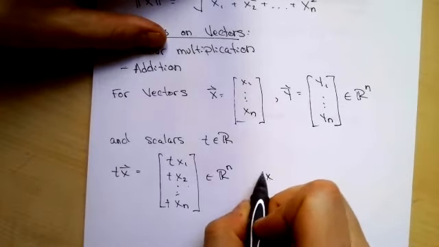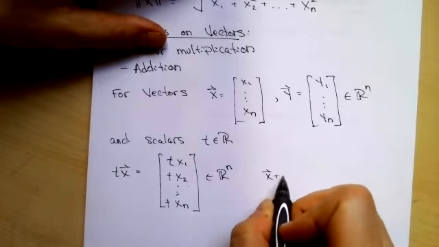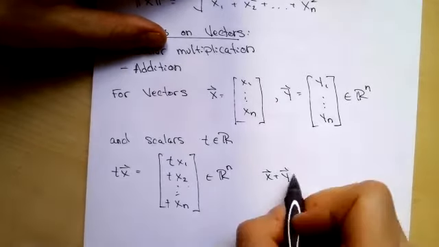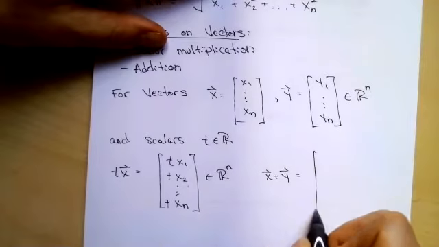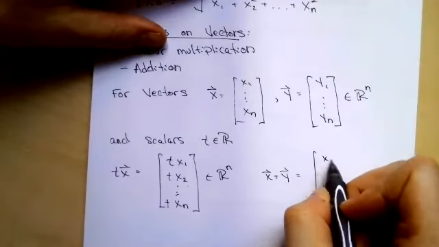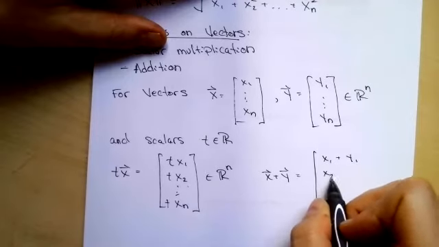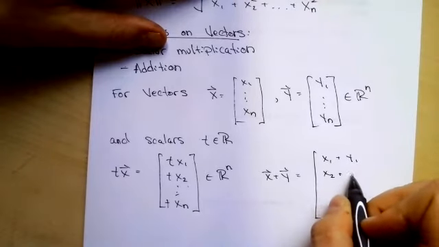And we can also add two vectors, x plus y, by adding coordinates for each coordinate.